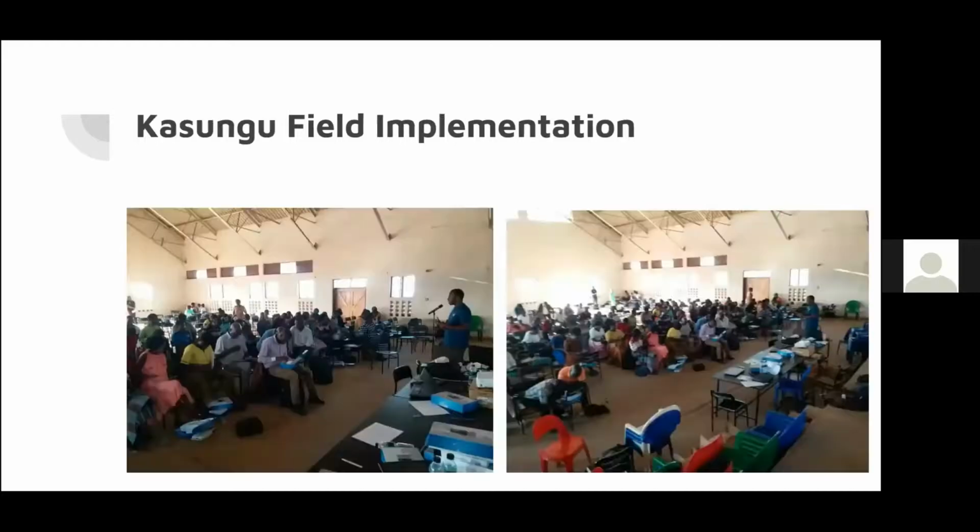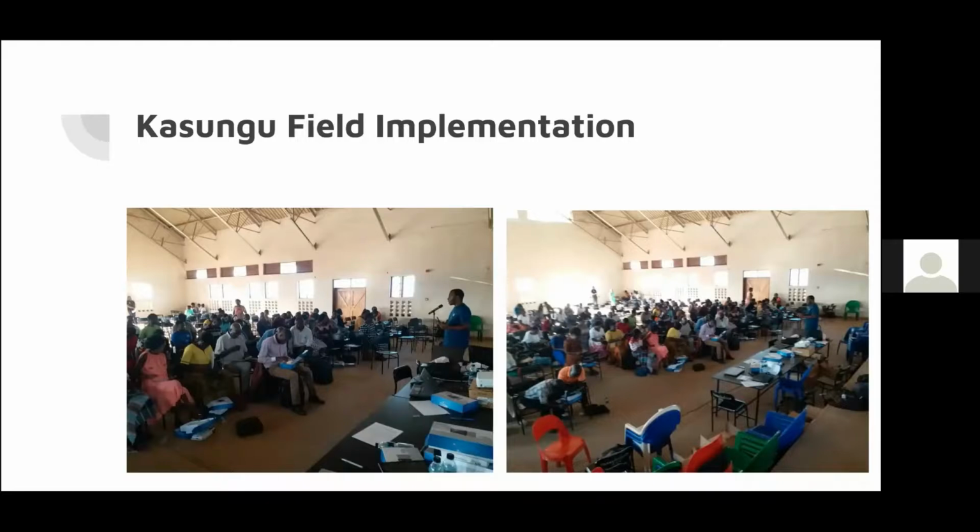Further to that, we also started implementing the system in one of the districts. This would start with an overview of the system, briefing the participants on the different registers, how to capture data, how to come up with reports, and so on.